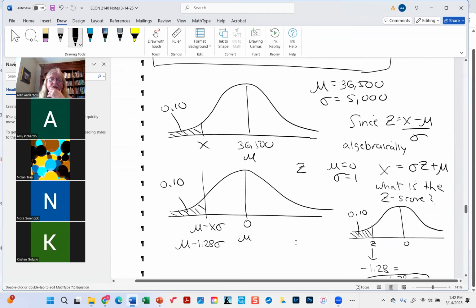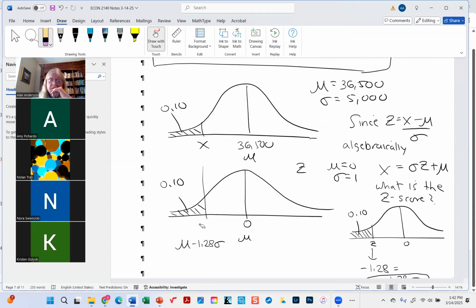So if we come back up here to this graph, actually, let me change this a little bit. Actually, let me try this. I think this will be better.